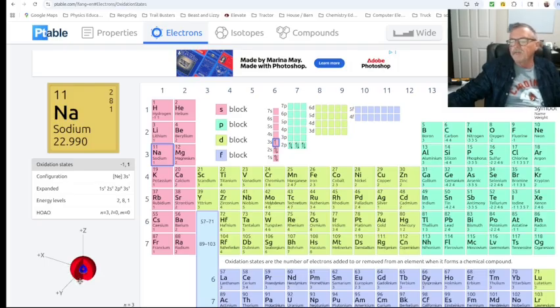Okay, enough of that. The pictures, remember, are representations of mathematical probabilities. They are not in space. We do not have a shell in space. These are just the probabilities of where those electrons are.